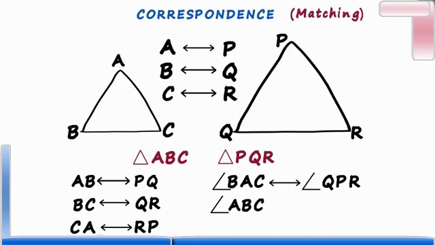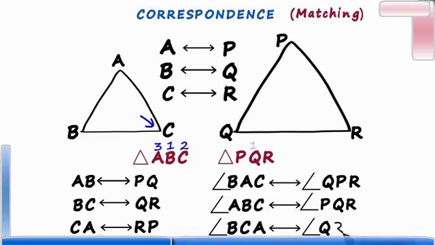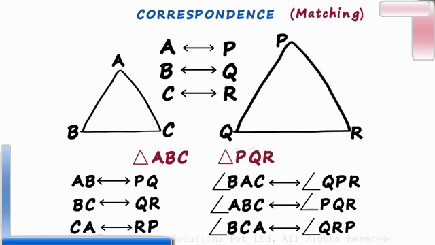Actually, you don't even need to look at the triangles to write this down. You just look at their names. Because it's ABC, it has to correspond to angle PQR. And we can see that it indeed corresponds to angle PQR. And what about the third angle, angle BCA? It will correspond to angle QRP. That's what correspondence is. It helps us in knowing how we are comparing two figures.